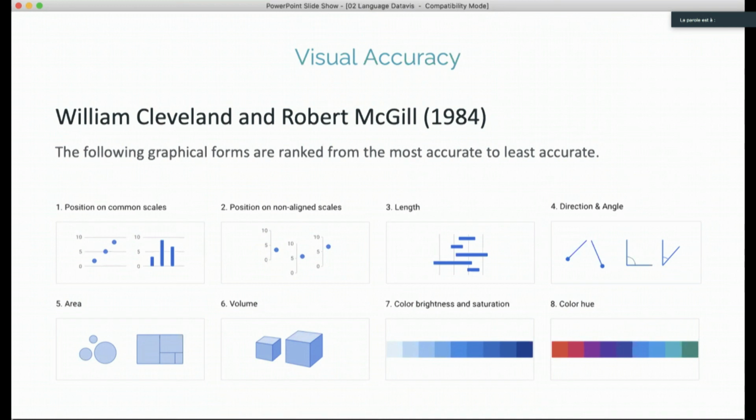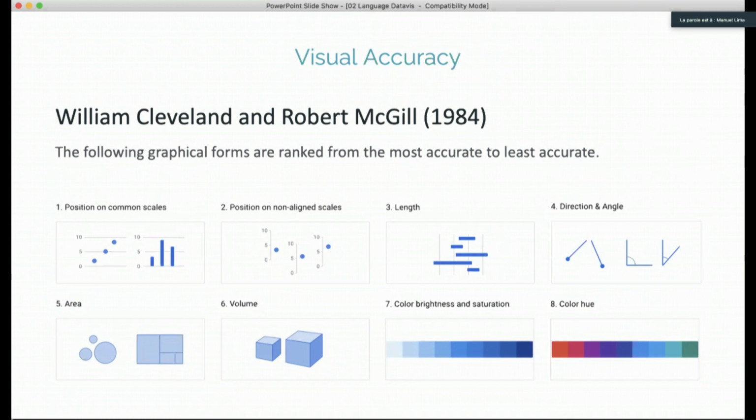So they realized that position on common scales is still the most accurate, the one where we can depict the differences most closely. Length is still very strong, comes in at number 3, but it's not as accurate as position. That's why scatter plots to this day are so favored by the scientific community because of their precision.